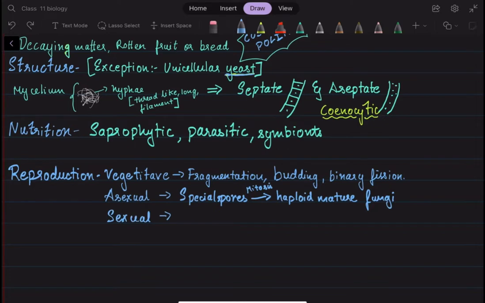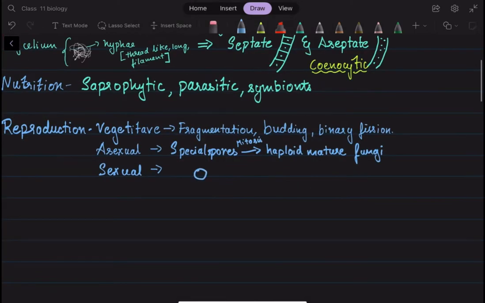Next, coming to sexual reproduction. We know that there are gametes which fuse. These gametes are n.